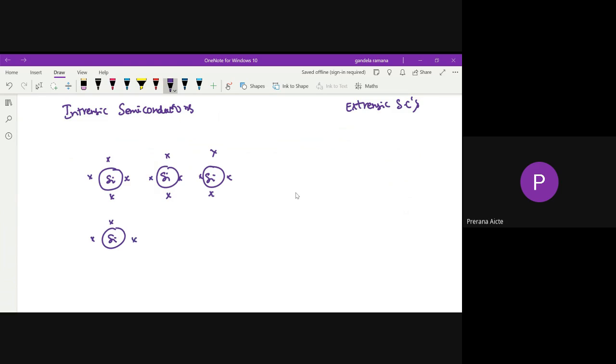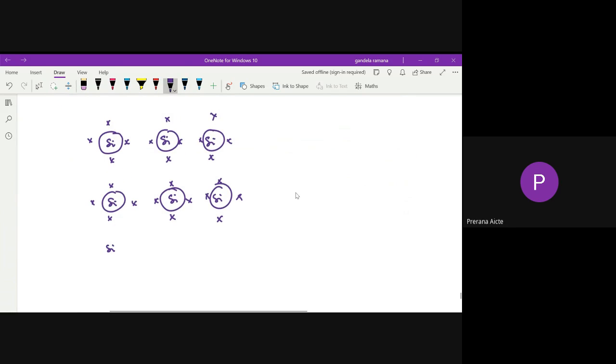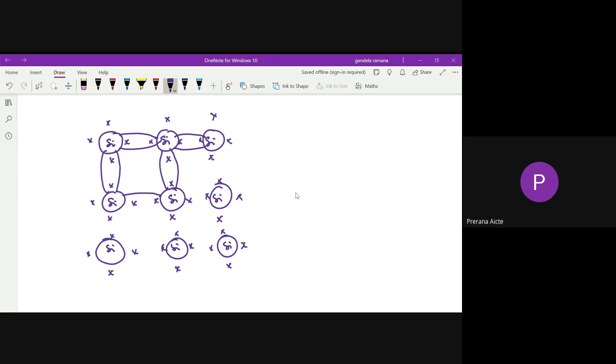This will be bounded with the electrons of another atom, so the bonding will be like this. So in pure semiconductors, it will be completely bounded with another.